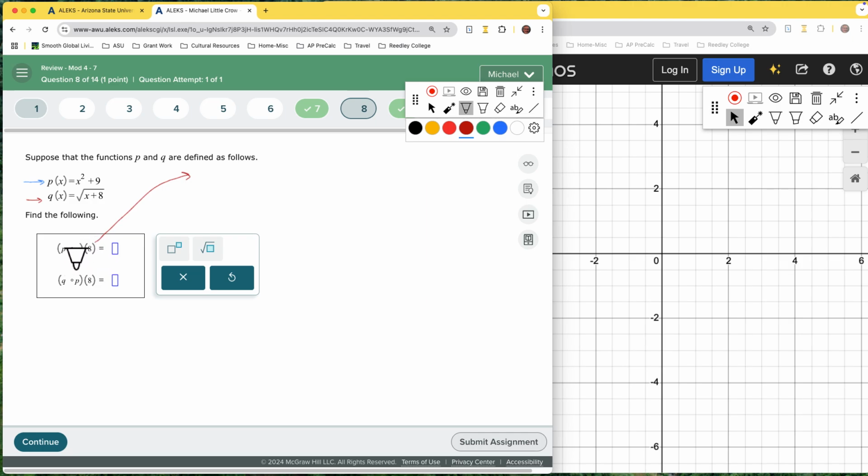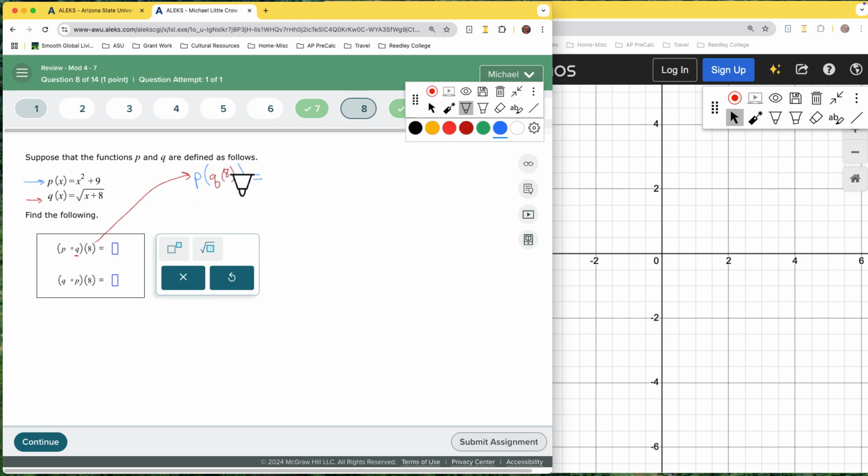The function, in this case q, which is closest to the input, is going to be our inside function. So what we're going to do is q of 8, and that's going to get plugged into the function p. So you can see that's what a composite is: one function is getting plugged into the other function.